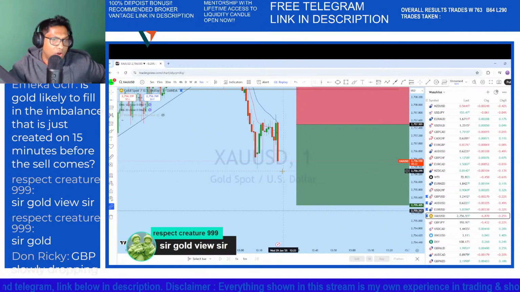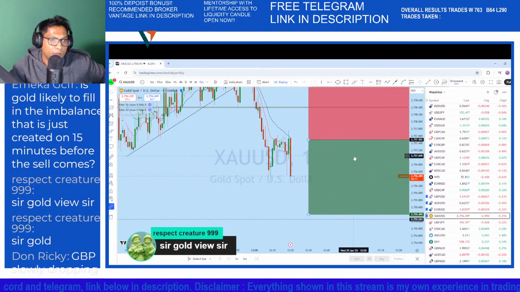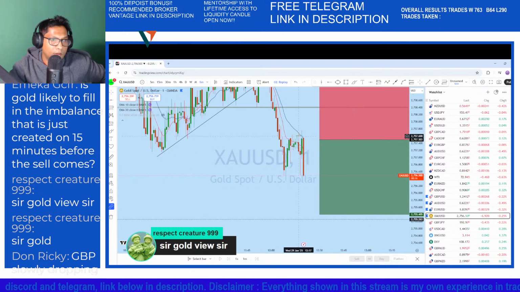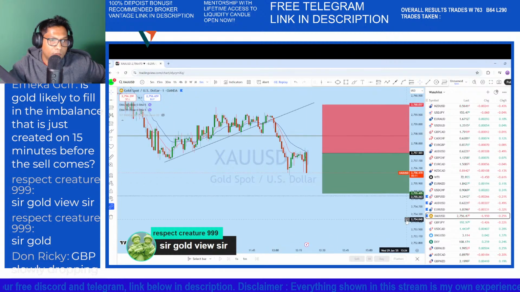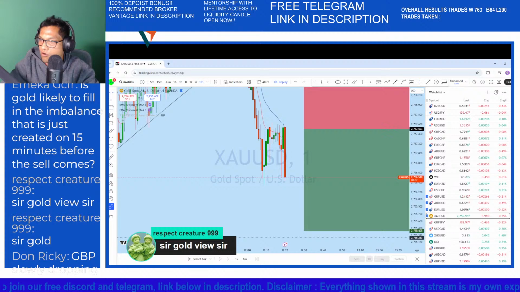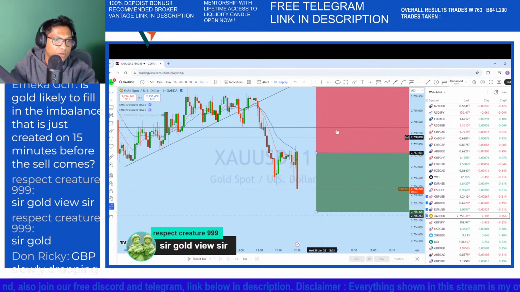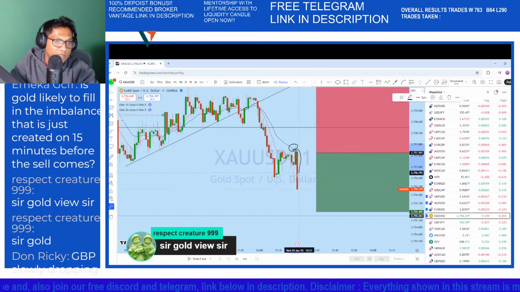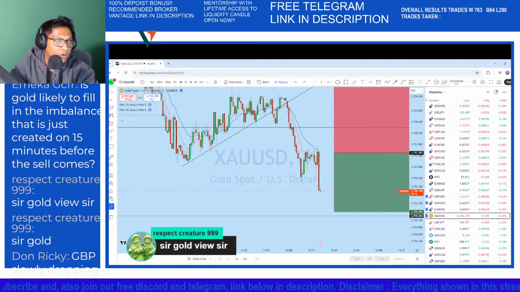With the bearish engulfer. Okay, so we'll keep running for some pip gain. With that resistance, expecting the market to trend in that direction to create a new lower low.